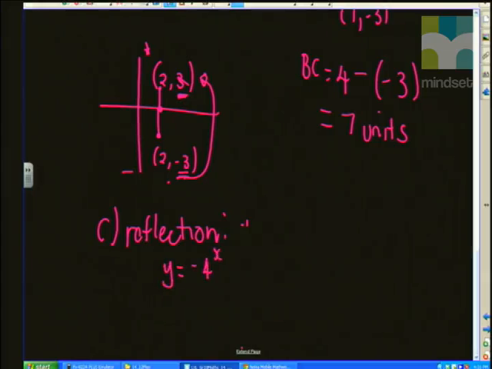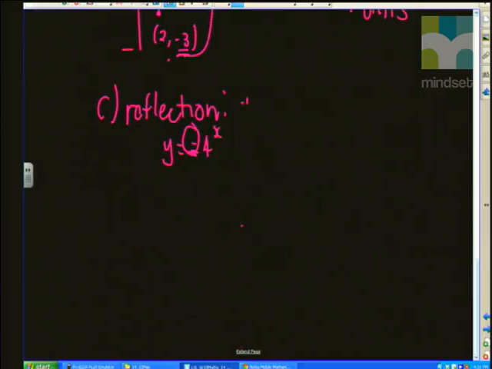The graph is just reflected along the x-axis, so we change from positive y values to negative y values, as you can see there. So y will be negative 4 to the power of x.